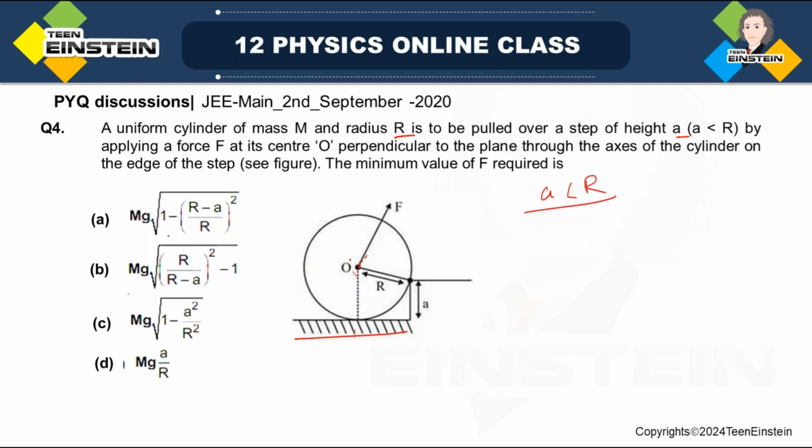For that, the torque applied at this particular position P due to this force must be greater than or equal to the torque at this position due to the weight mg, torque tau w.